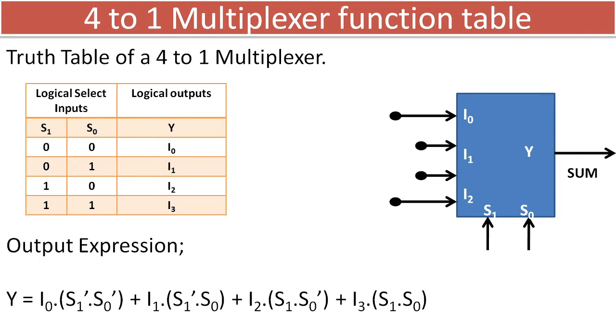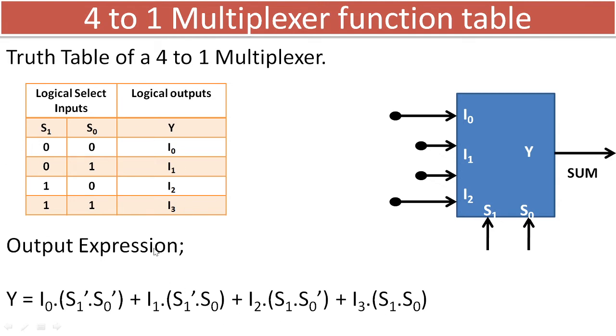In our previous lecture we have already seen that 4 to 1 multiplexer has the output expression: I0 S1 bar S0 bar, plus I1 S1 bar S0, plus I2 S1 S0 bar, plus I3 S1 S0, where I0, I1, I2 and I3 are all inputs.